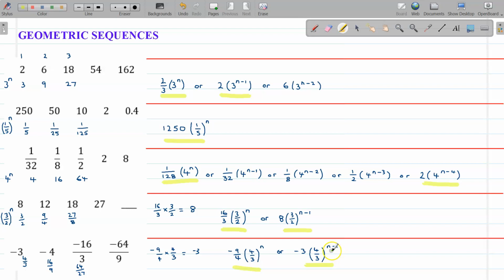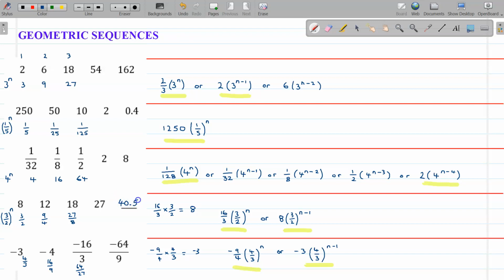So if I wanted to get, say, the next term for this sequence here, which is missing, I would simply put n as 5 because I want the fifth term, and I would do 8 times 3 over 2 to the power of 5 minus 1, which is 8 times 3 over 2 to the power 4. And if you check that out, you get 40.5 for the fifth term of that sequence.